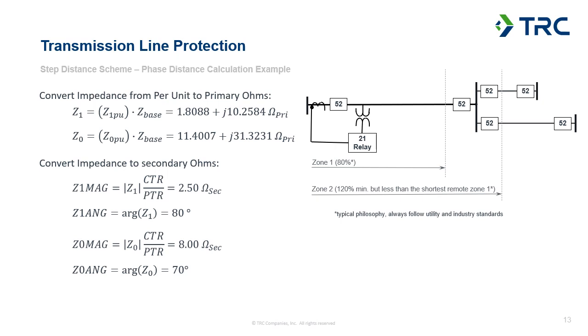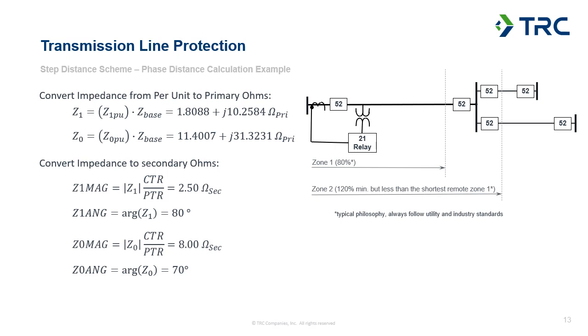And generally, when we're looking at this, we are more concerned with the impedance magnitudes and angles than the resistive and reactive components of those. So generally, we'll convert those into polar form, like I've shown, where we've got 2.5 ohms secondary at an 80-degree angle for our positive sequence magnitude and angle.